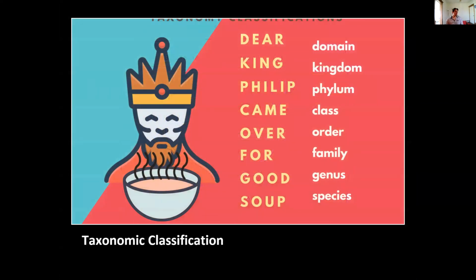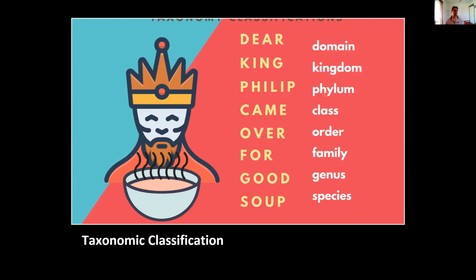Something that I do want you guys to know here, when we are moving back now to taxonomic classification, there's a useful little rhyme that you can use to remember the order of domain, kingdom, phylum, class, order, family, genus, species. And that's: dear King Philip came over for good soup. So, just as a reminder, your domains are divided into kingdoms.